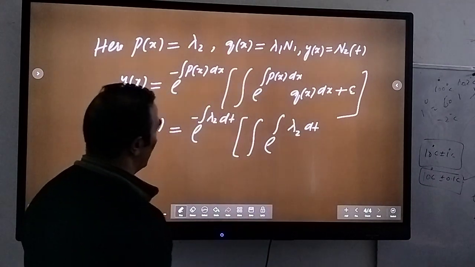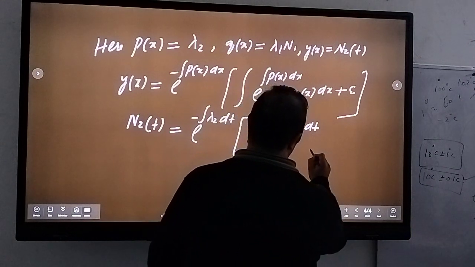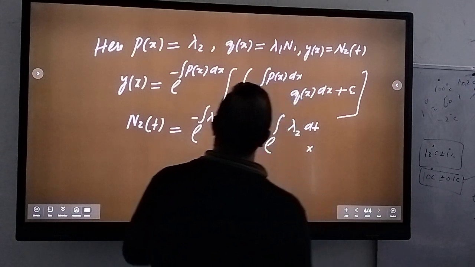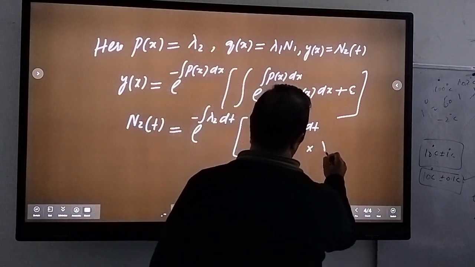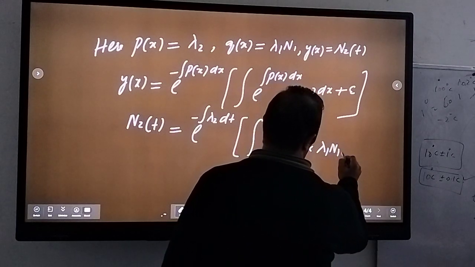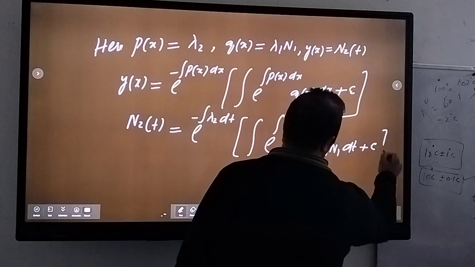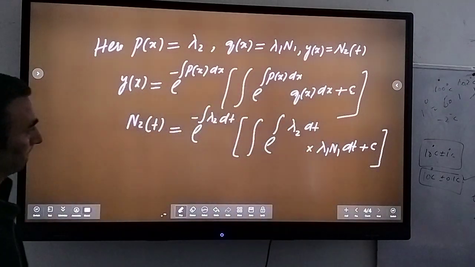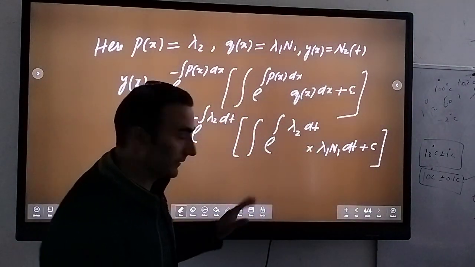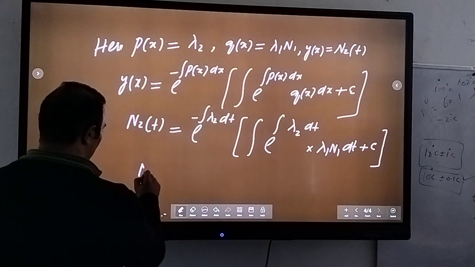And this q of x is our lambda 1 n1, into dt. Okay. So let's integrate this.